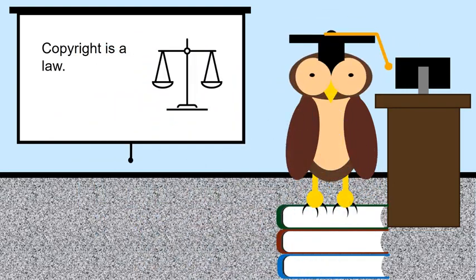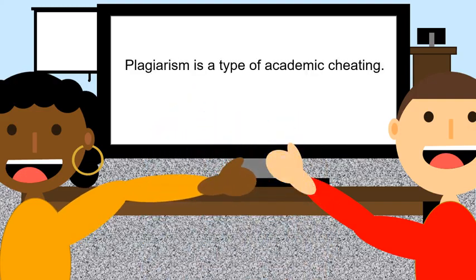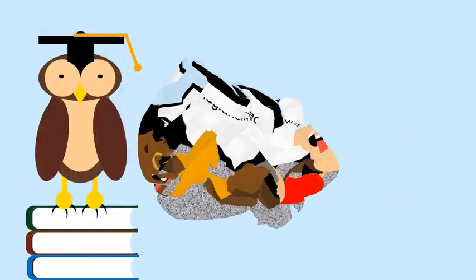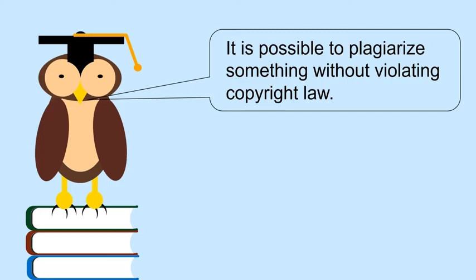The difference is that use of copyrighted material is based on copyright law, whereas plagiarism is not a law, but rather a type of cheating. It is possible to plagiarize something without violating copyright law.